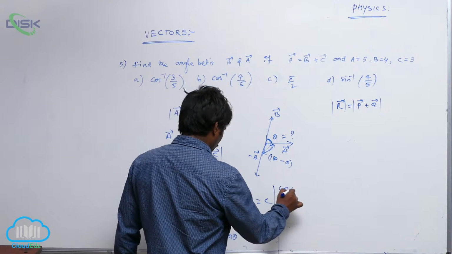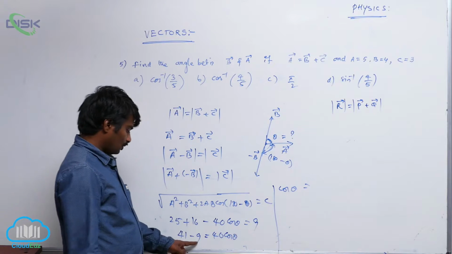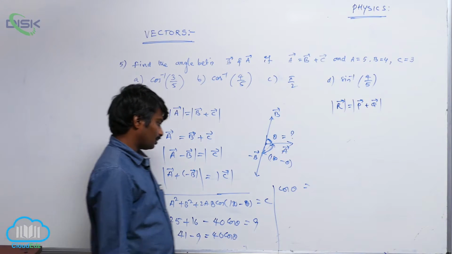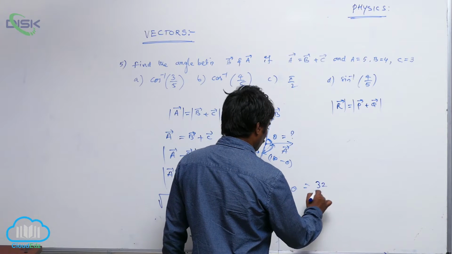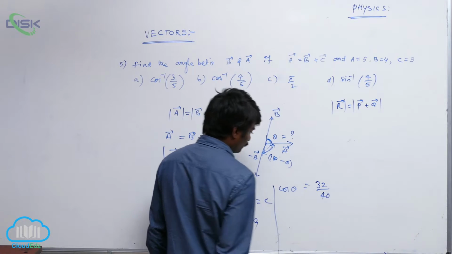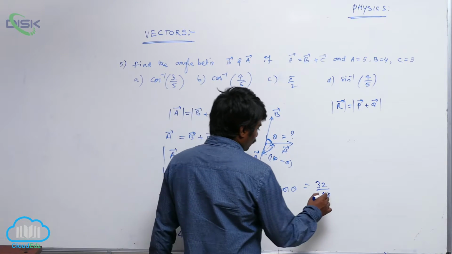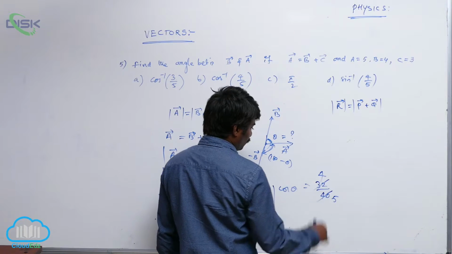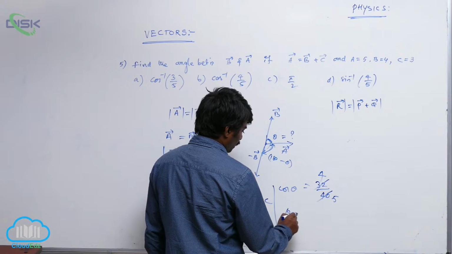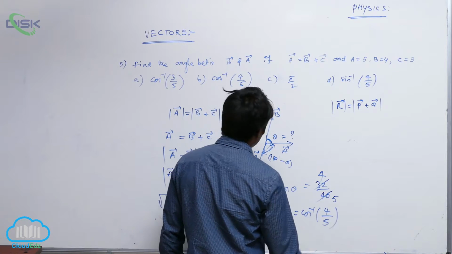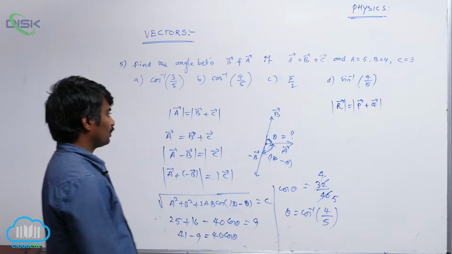So cos theta is equal to 41 minus 9 is 32, 32 by 40. 8 into 5, 8 into 4. So theta equal to cos inverse 4 by 5. So the second option is correct.